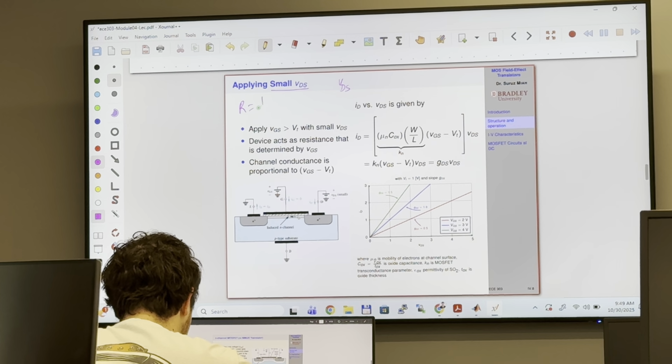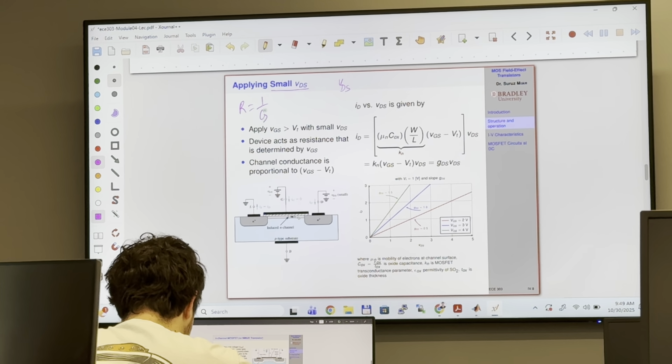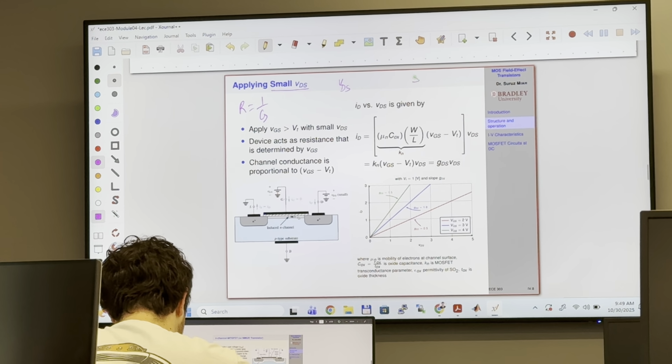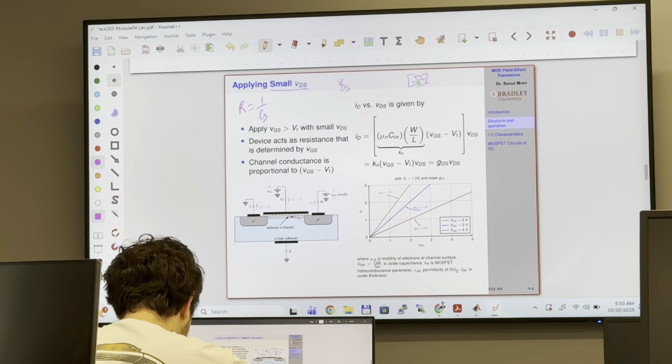R equals 1 over G. Remember? G is the conductance and R is resistance. If resistance unit is ohm, what is the unit of conductance, guys? Can you say one over ohm? Who said it? S? Yeah.